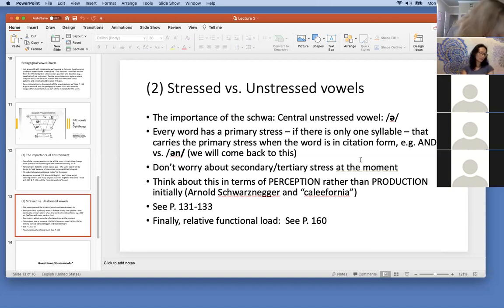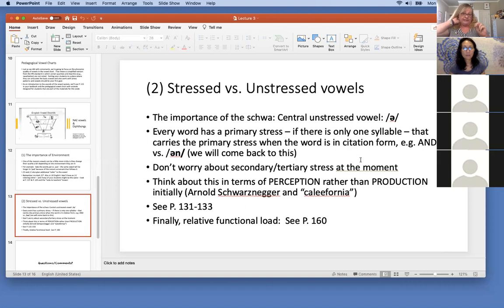And the other thing that I have here is that primary stress on single-syllable words only applies if it's in its citation form. If you look at the second point on the PowerPoint, I have the difference between "and" and "'n," where "and" is the citation form of the word. By citation form, we mean what's in the dictionary.